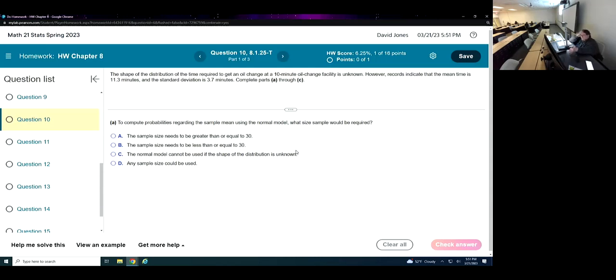Since we don't know what the distribution is, we can't use the binomial distribution or the Poisson distribution. We can't use any of the calculators until we know what it is. So if you don't know, you just need a sample size that's large enough. In this case, the book likes to use 30, so the sample size needs to be greater than or equal to 30.